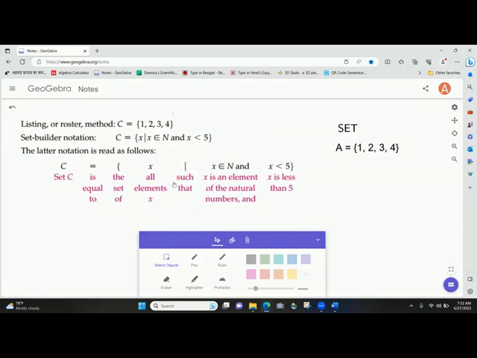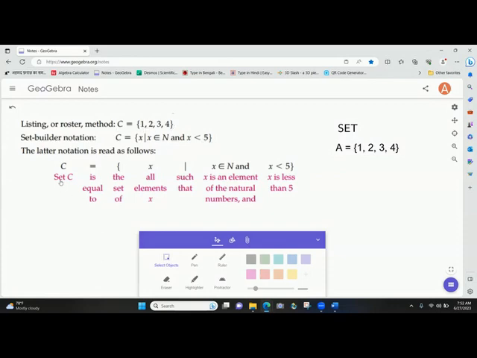Basically it's saying set C is all the x's that are natural numbers. Remember, natural numbers are 1, 2, 3, 4, 5, 6, 7, 8, and it goes on and on. It starts with 1. 0 is not a natural number. And x is less than 5. So x has to be a natural number that's strictly smaller than 5. Your options are 1, 2, 3, 4.